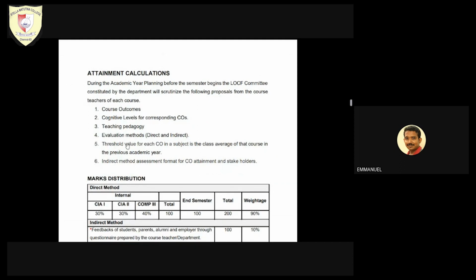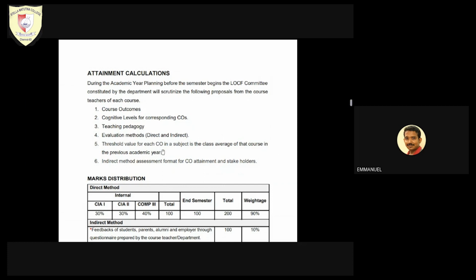Okay, then threshold for CO in a particular subject. I remember last session, while discussing the lesson plan, that is dynamic lesson plan, fixing a threshold, how to fix a threshold. That is what this threshold value for CO, course outcome, is.